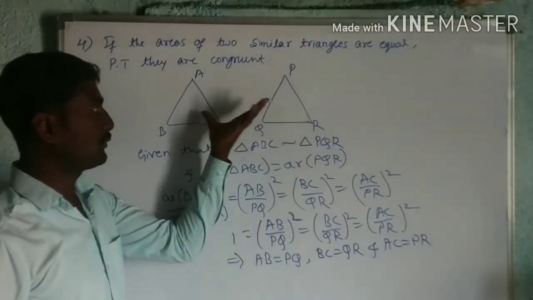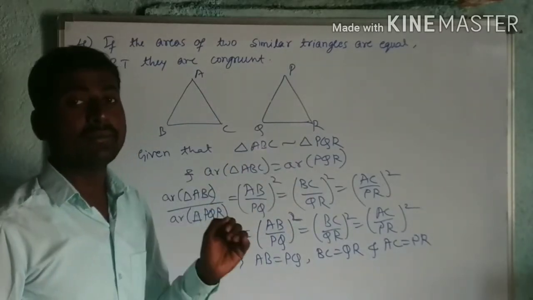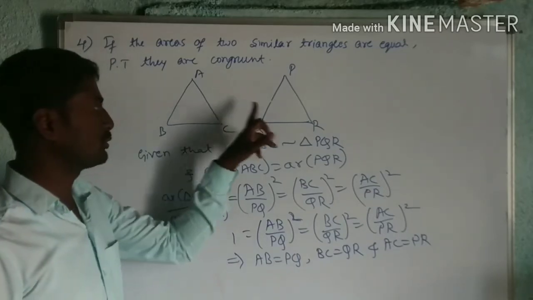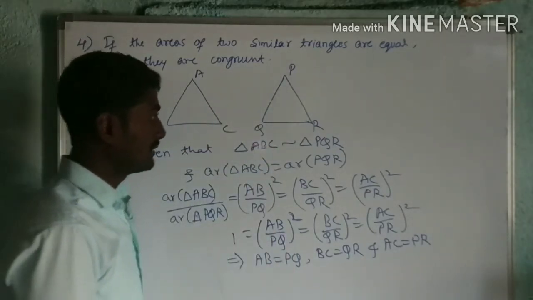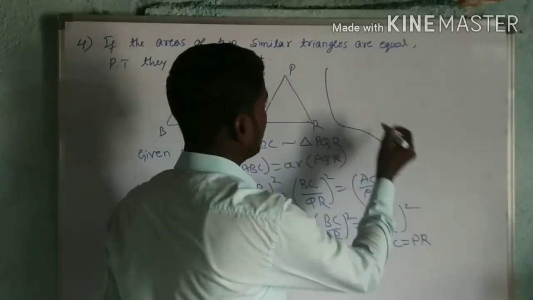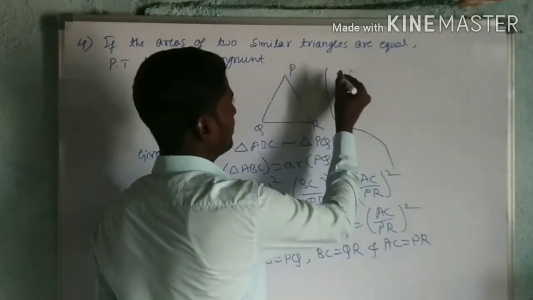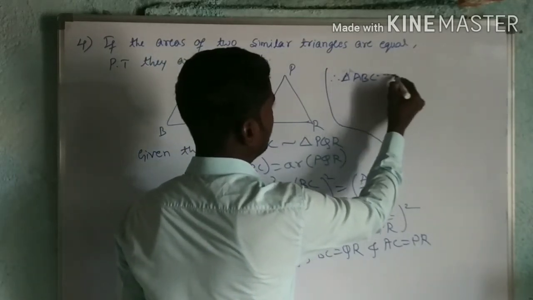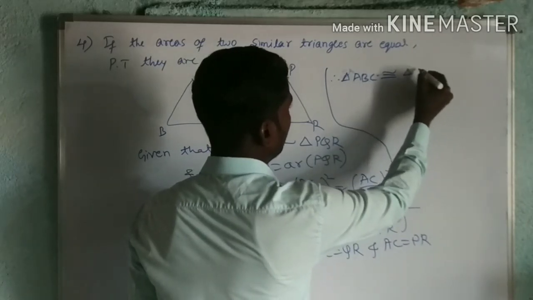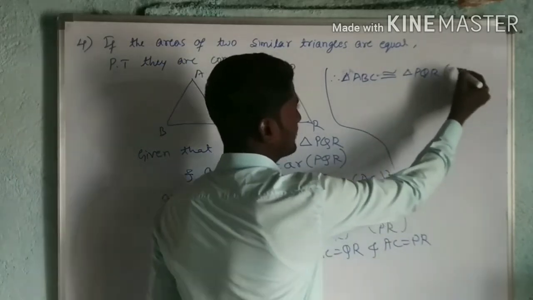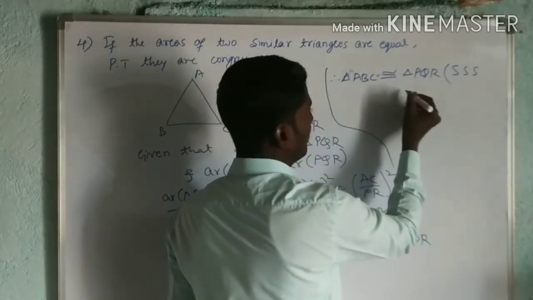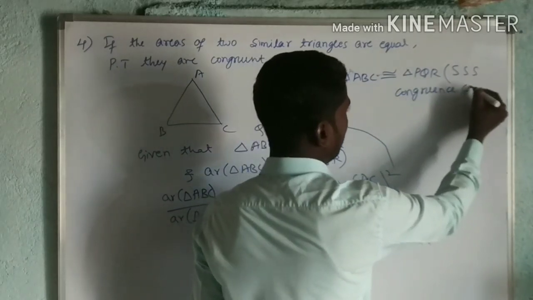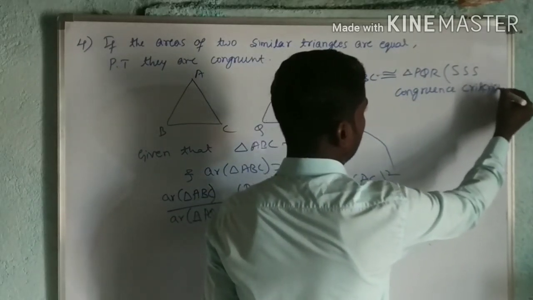Corresponding sides of two triangles are equal, so by using the SSS congruence criterion, I can say that these two triangles are congruent. Therefore triangle ABC is congruent to triangle PQR, because of the SSS congruence criterion, not similarity, congruence criterion.